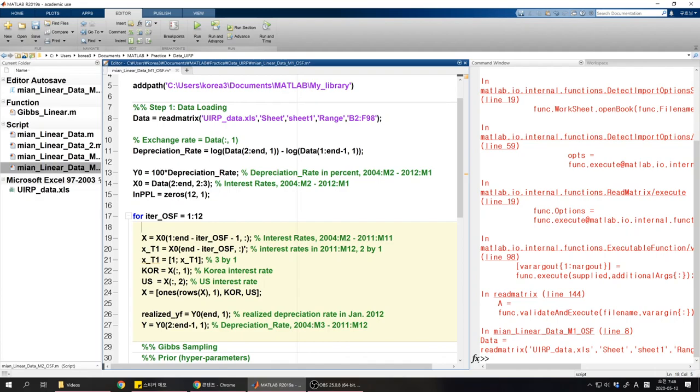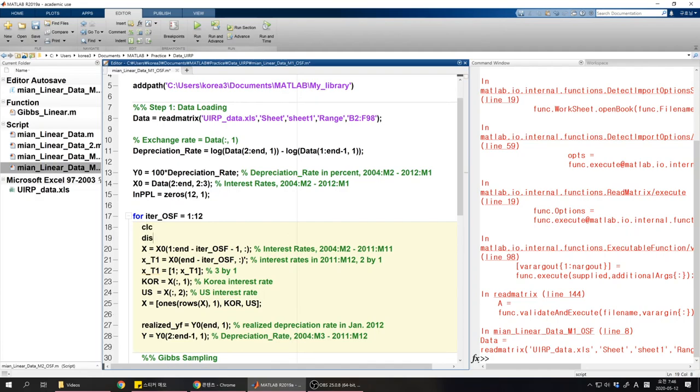So I want to put CLC here, then DISP, current iteration, or current ITR underbar OSF equals, comma num2string of ITR underbar OSF, right? Oh, wait, brackets and parentheses.